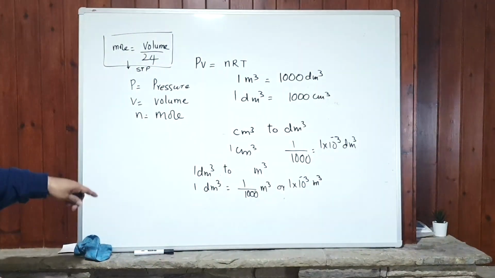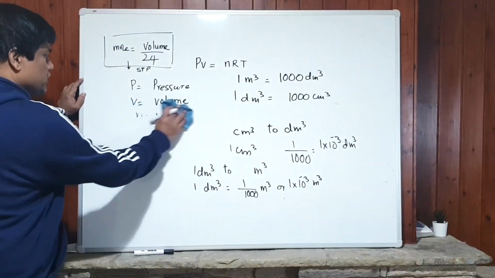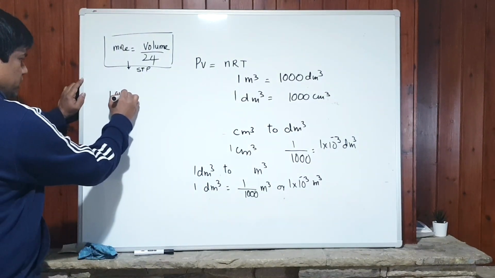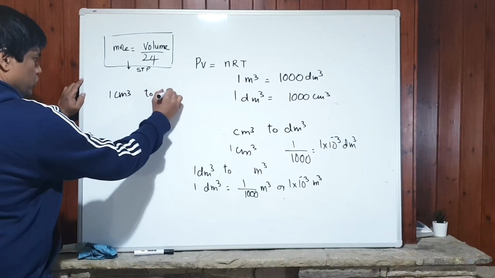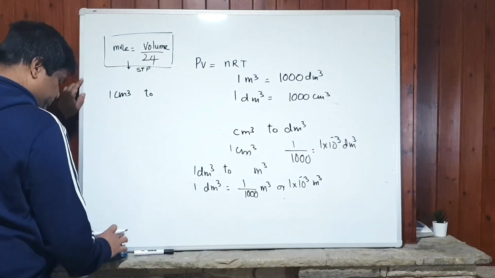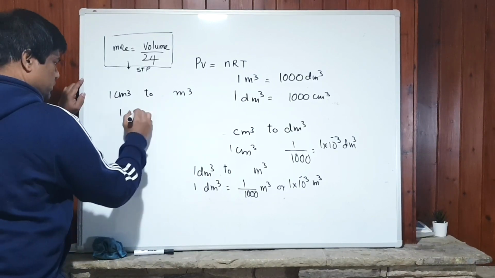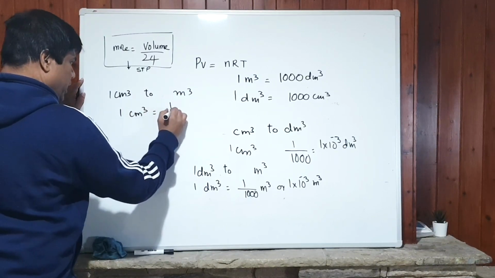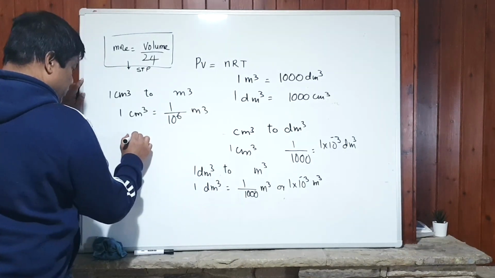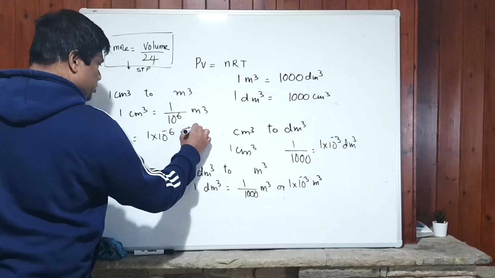I want to change 1 centimeter cube to meter cube. How can we do it, centimeter cube to dm cube to meter cube? 1 centimeter cube equals 1 over 10 to the power of 6 meter cube, which is nothing but 1 into 10 to the power of minus 6 meter cube.